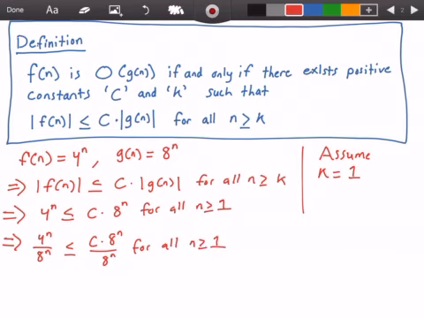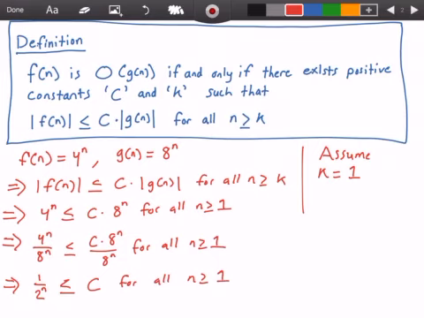All right, so what does this equal? Well, it just equals 1 over 2 to the power of n is less than or equal to some constant value c for all values of n greater than or equal to 1.